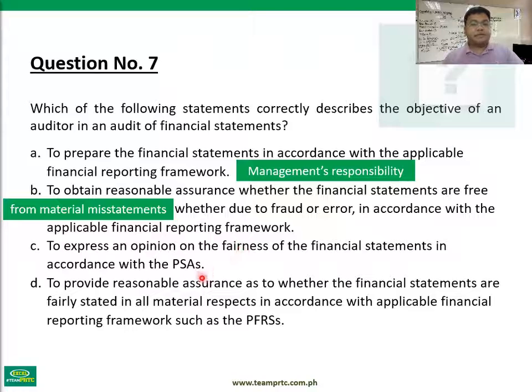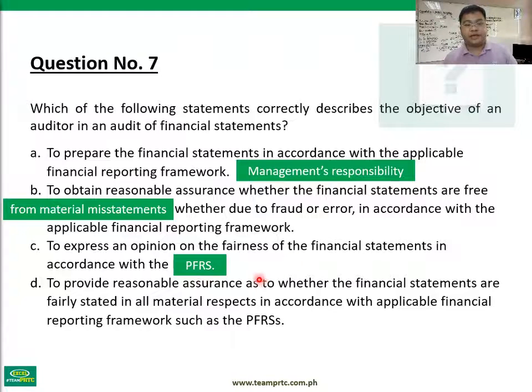Letter C: to express an opinion on the fairness of the financial statements in accordance with PSA. Letter C is also incorrect, because we express an opinion not in accordance with PSA, but the applicable financial reporting framework, like the PFRS. Our evaluation of the financial statements is made in the context of the applicable financial reporting framework, not the auditing standards but rather the accounting standards.